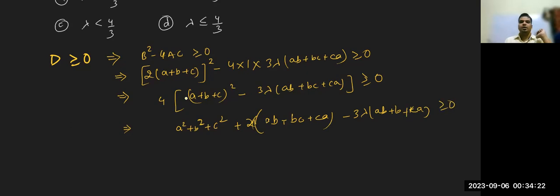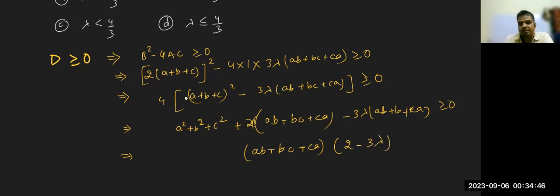From all this, we can take ab plus bc plus ca common. What will we be left with? We will be left with 2 and 3 lambda.